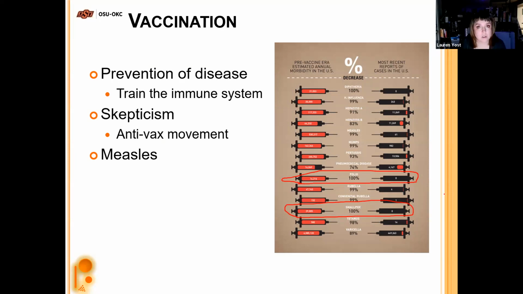The recurrence of measles is happening because people are choosing not to get vaccinated because of their anti-vax beliefs. We have massive outbreaks of measles now all over the United States. This is something that if 95% of the population in the United States, well, anywhere in the world, were vaccinated against the measles, the other 5% would be completely protected and we could eradicate it.